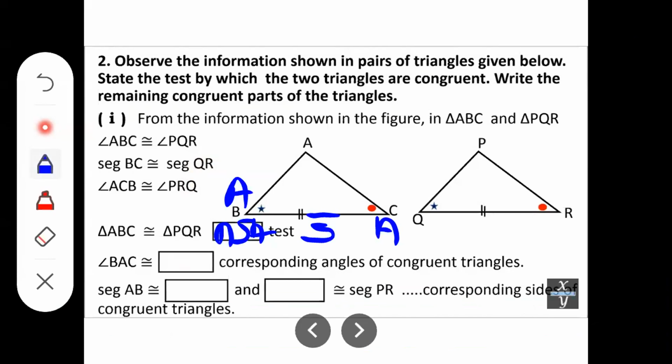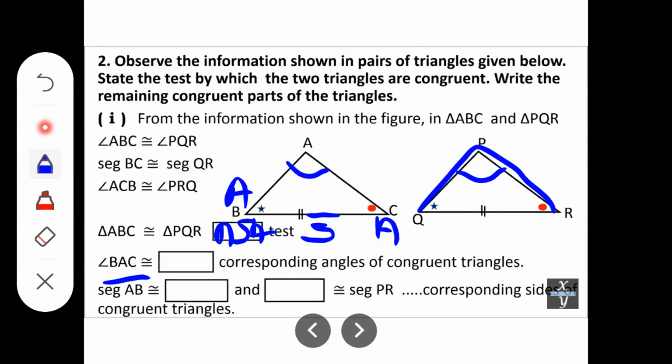Now write the congruent corresponding angles of the congruent triangles. For angle BAC, where is angle BAC? That is this one, angle BAC. That will be congruent with angle P, that means QPR.